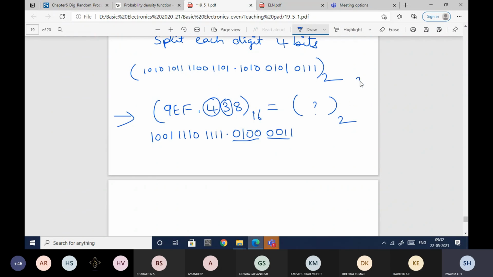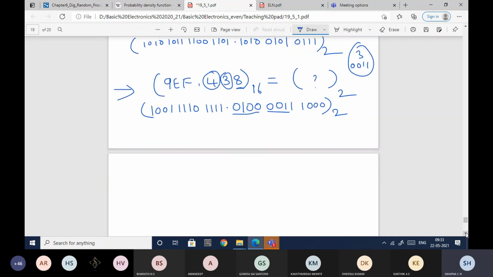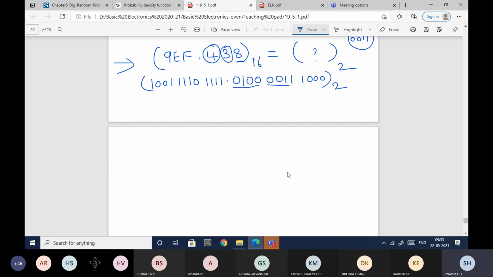For 3, 011 is fine in general, but since you are converting a hexadecimal number to binary, you need to definitely have 4 bits. Don't make this mistake. Next, 8 is 1000. 1000 base 2. Okay, that's all.